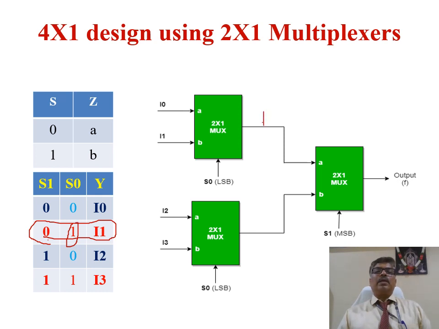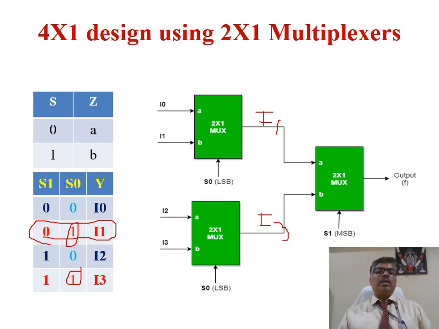I1 will be selected here. Now in the case of I2, I3, S0 is 1, so here I3 will be selected.